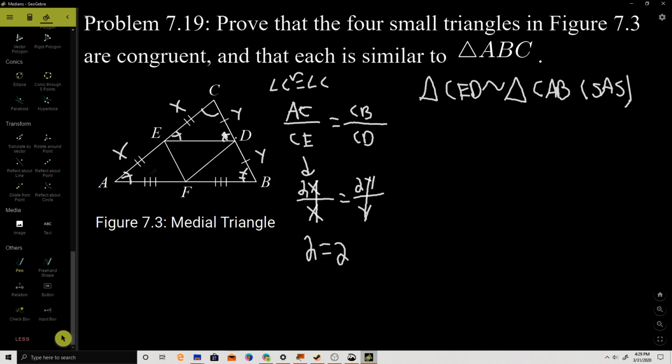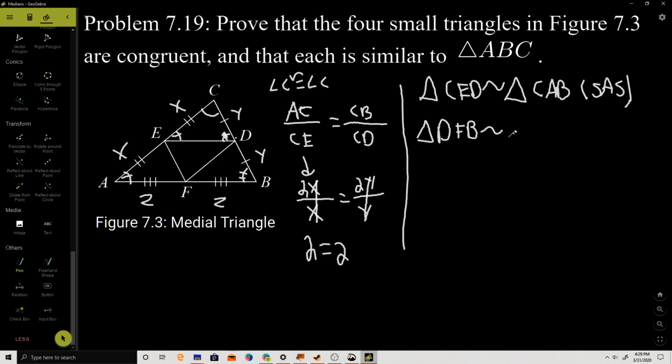Now, if that is true, then it's pretty easy to determine some of the rest of the proofs. So let's say that I labeled all this so I can say that this is Z and this is Z here. And it would be fairly simple to show that we have triangle DFB.